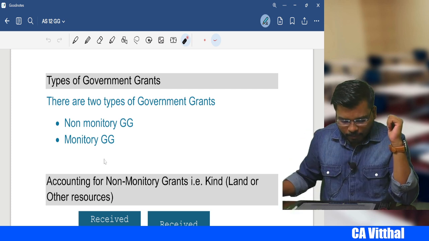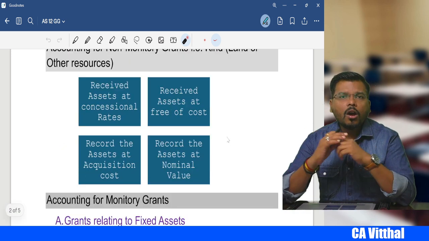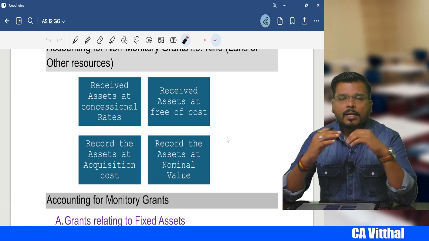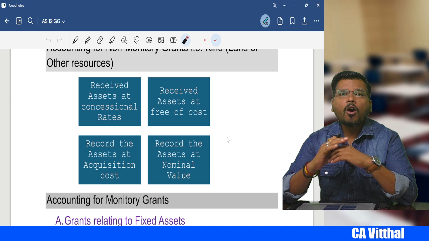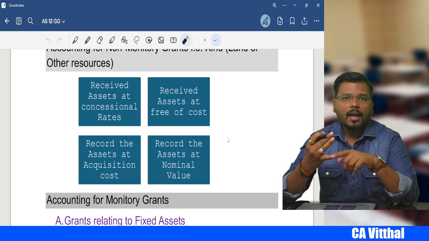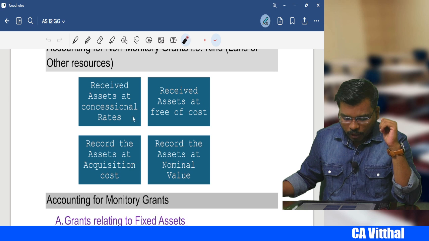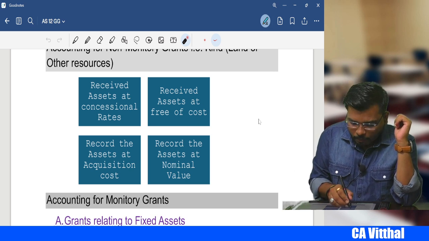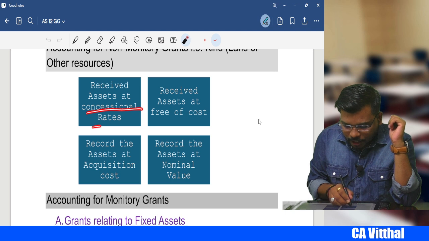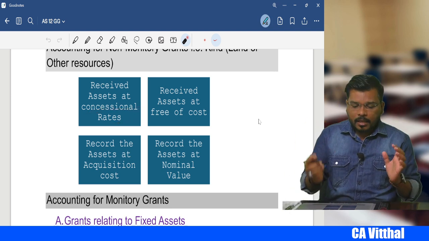So what do you mean by non-monetary government grant, my dear students? Non-monetary government grant means a government grant given in the form of kind, not in the form of cash, like land, building or other resources. If the government grant is received in the form of an asset at a concessional rate, if the government is giving you the land at a concessional rate, then how to record it?